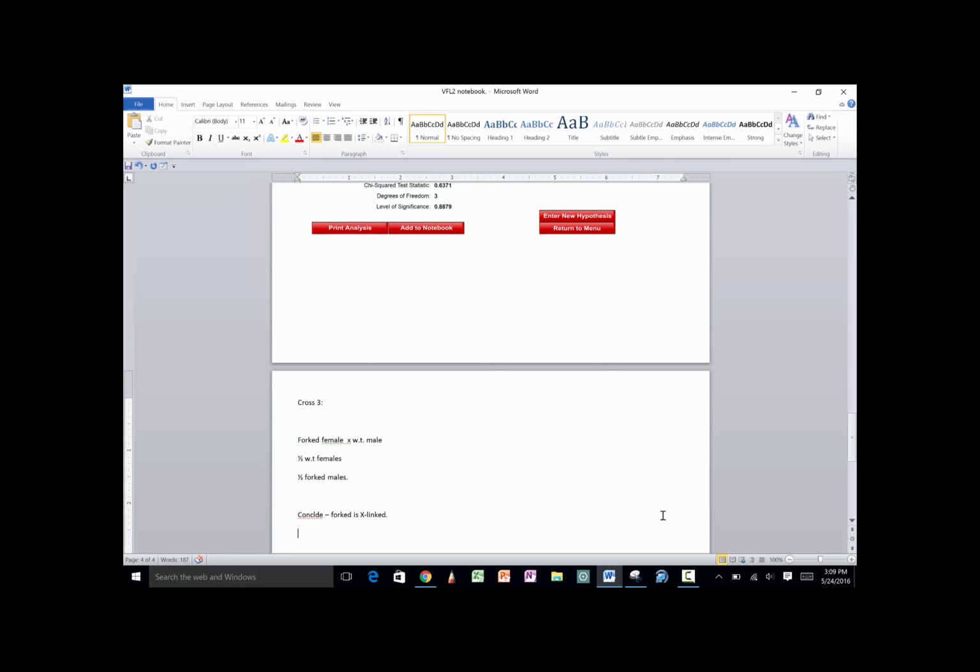If it's X-linked, that means our females have 2 X chromosomes, crossed to a male that's X and Y, which is characteristic of an X-linked trait. This is forked, sorry. That means I have to make that superscripted.